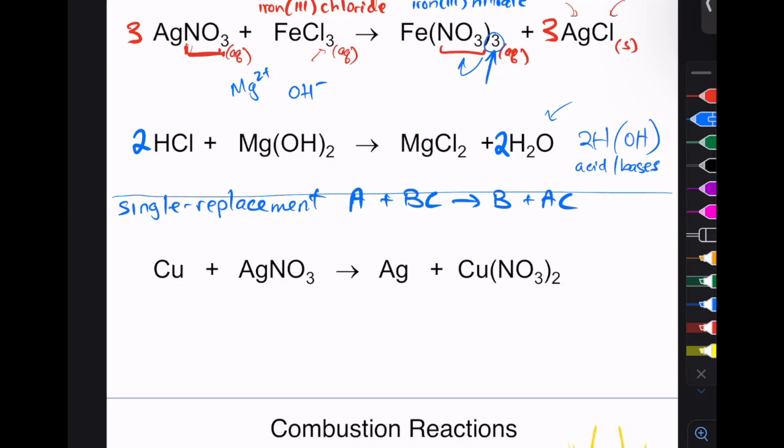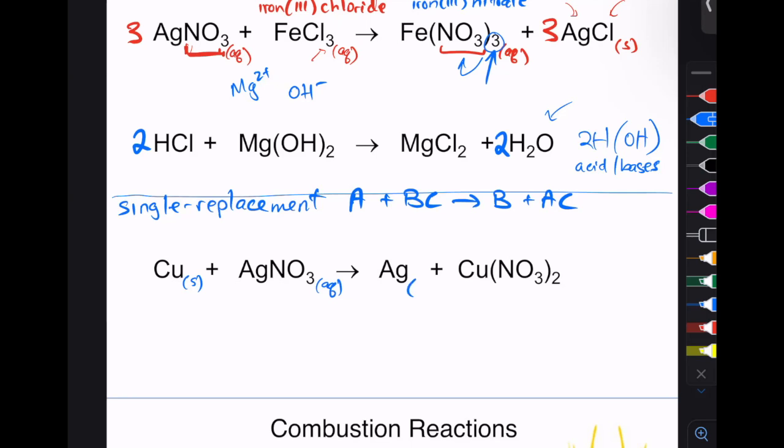You've done this reaction too. Like in the copper cycle, you did a lot of single replacement reactions. These are typically where you have some solid metal reacting with an ionic compound in aqueous solution. That ionic compound, the cation is a metal cation. And then things change places.